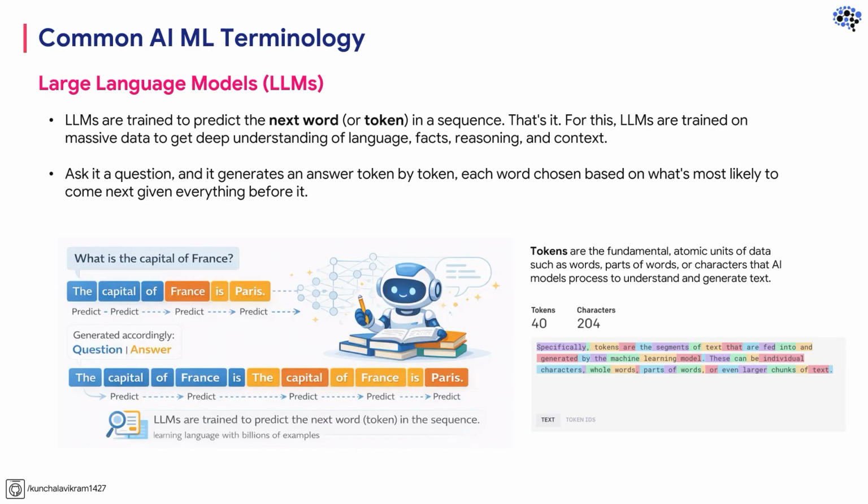LLMs are trained to predict the next word or token in the sequence. Because these are large language models, they have to understand the input and generate the output, which is nothing but text, right? The way they operate is they generate the response by predicting the next word or token. Basically, a token is a fundamental unit of data in AI.